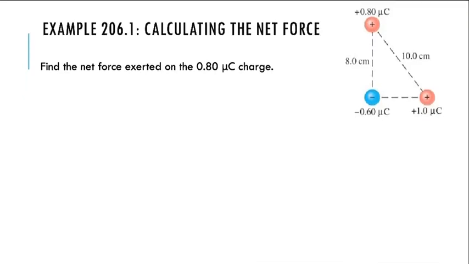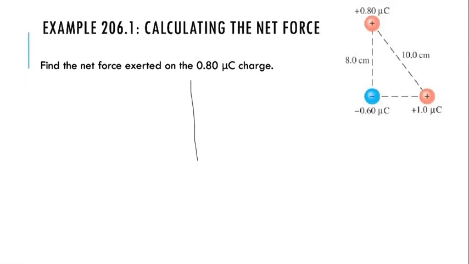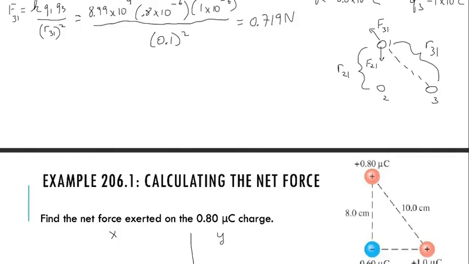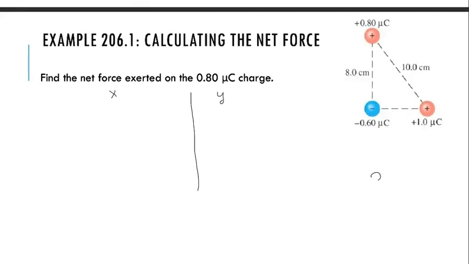Okay, so I'm going to draw a little table, x and y. I've got two forces, and we can just redraw this picture right here. So we have it again. We have one force this way, F31, and then we have one force this way, F21.